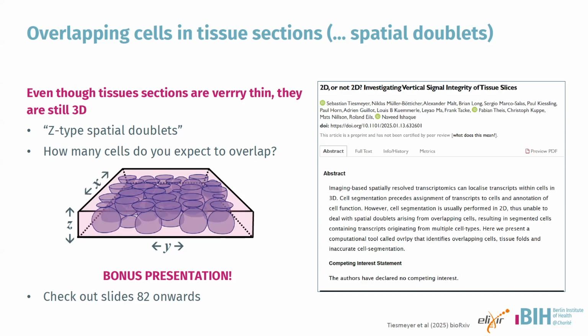Practically impossible. Through a simple mathematical model of distributing 10 micron balls in a 10 micron slice, this is kind of what you see. I don't see many clear individual cells. So this concept of Z-type doublets, of cells being on top of each other, is a completely ignored problem until 2025, where we put up the bioRxiv paper, I think 1.5 weeks ago.